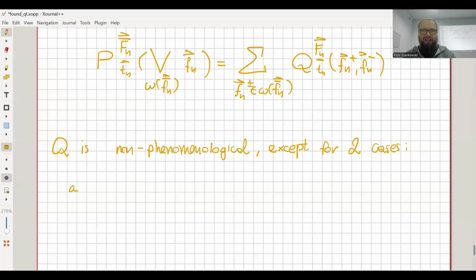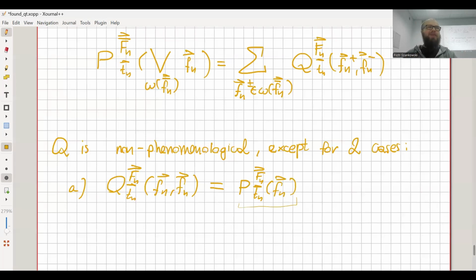Case number one is if you take the diagonal values of Q, that is, the same sequence in both arguments. This is supposed to be the multi-time probability distribution, and the probability is measurable as a phenomenological quantity. The diagonal part of Q is then also a phenomenological quantity.